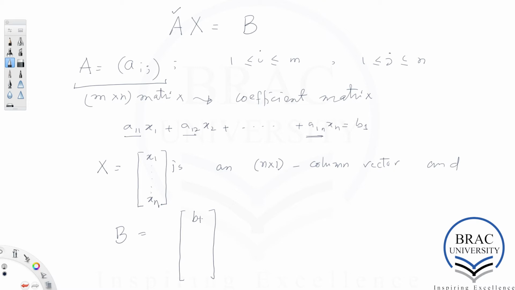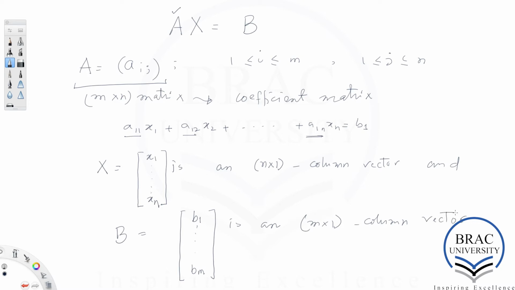There are m rows in this column vector, b1 all the way up to bm, because there are exactly m constants associated with the m equations of the system. It is an m times 1 column vector.